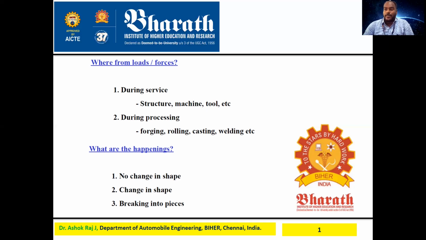The same applies during rolling, forging, casting, and welding processes. Say, for example, the welding process: if you take two plates, similar or dissimilar materials, you have to hold and tighten them properly.